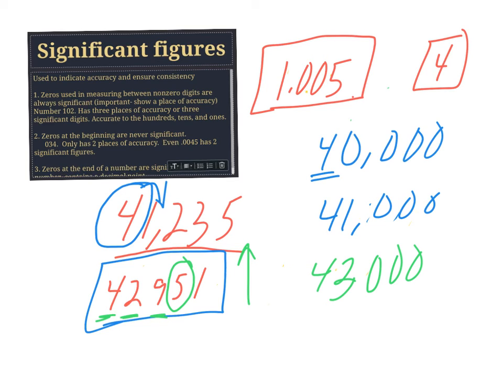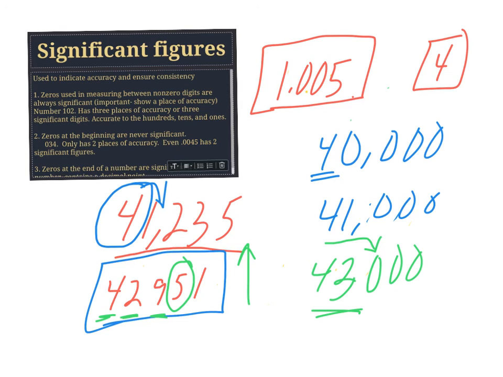So if I round up, it would be 43,000. But the problem is when you write down 43,000 like this, there are two significant figures, and I told you that we were going to round this off to 3 places of accuracy. So that means that this 0 here is important, is accurate, although when it's written this way, it doesn't show any accuracy.